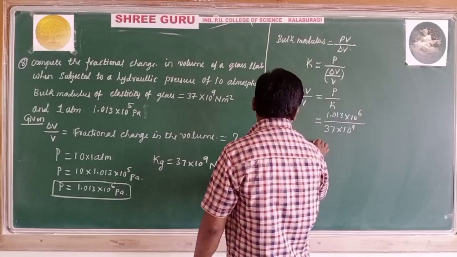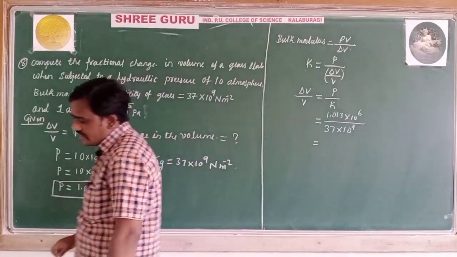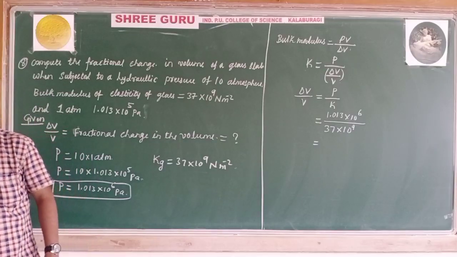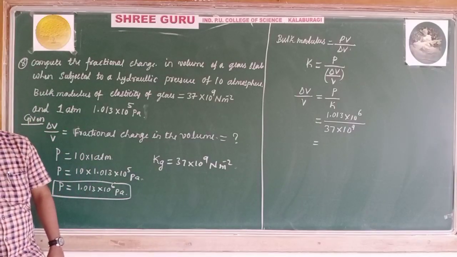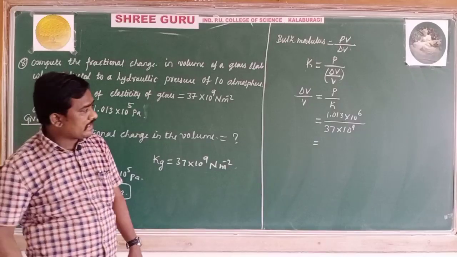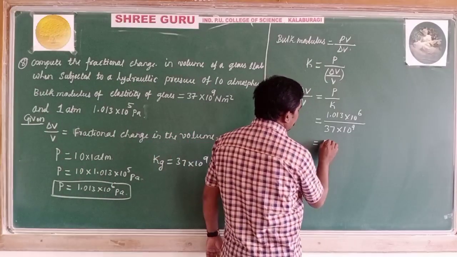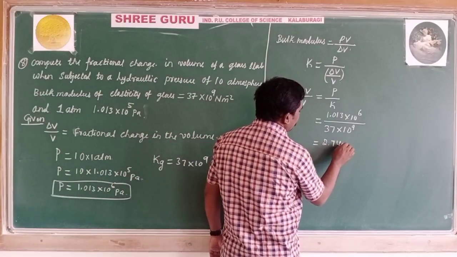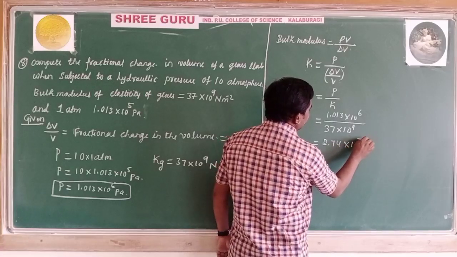The final answer after calculation is around 2.74 into 10 raised to minus 5.